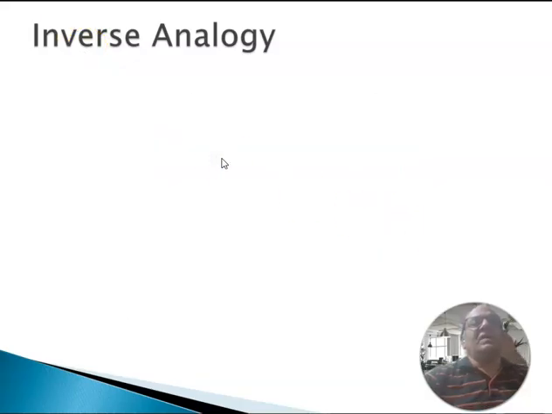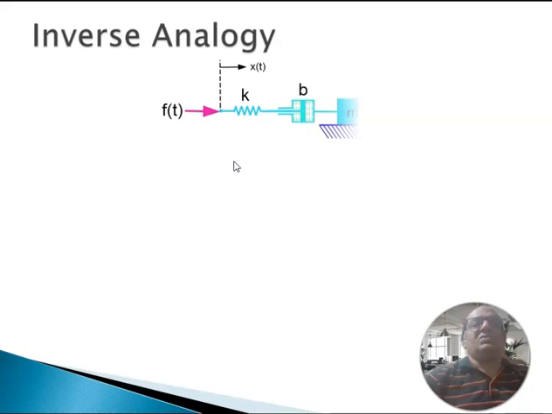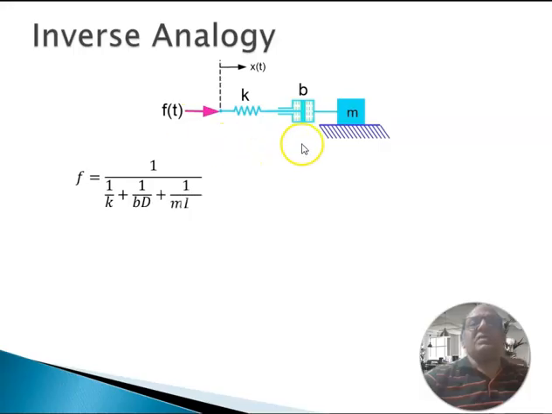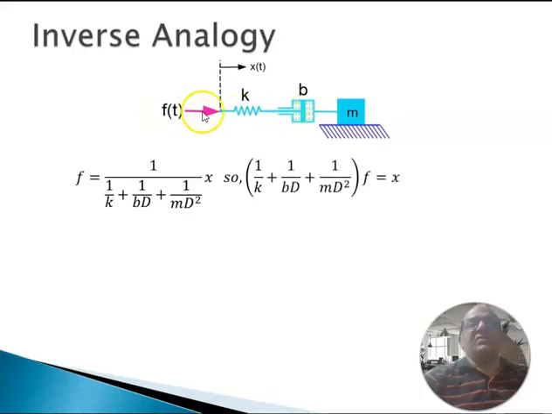We consider a mechanical system as shown here. You can see force is acting at one end of the system and mass is at the far end from the point of action of the force. So you have force acting at one end of the system where you have spring, damper and mass in series.